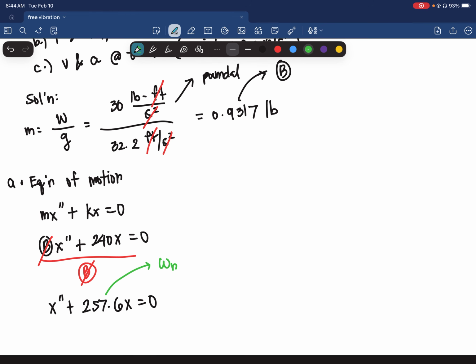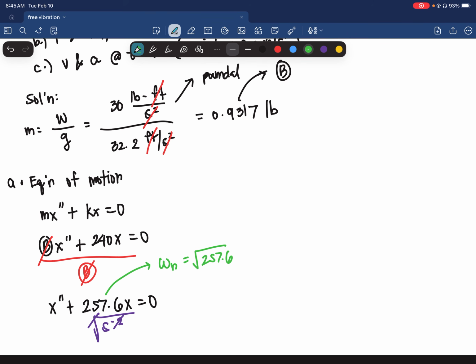Its unit here, since this is already squared, we take the square root. So, its unit is second to the negative 2. Taking the square root, we can reduce that. That is equal to the square root of 257.6.